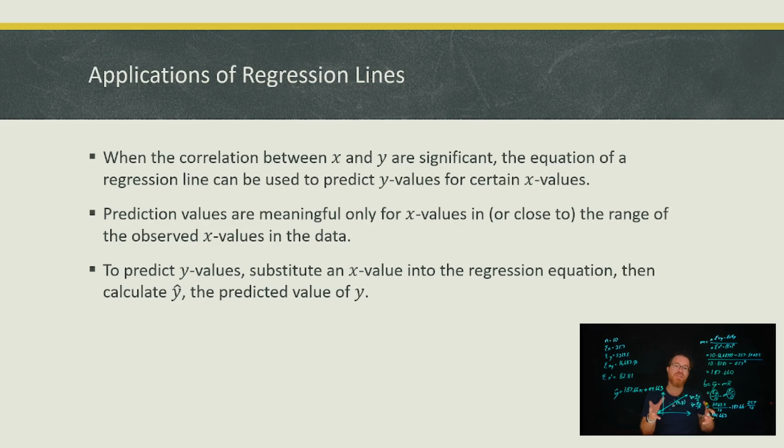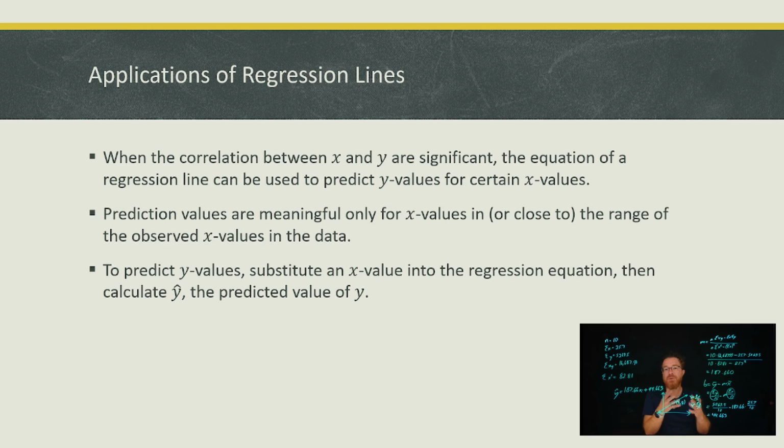A couple important points that you need to consider when doing a regression line is that when our correlation between x and y is significant, then this equation of a regression line can be used to predict our y values for certain values of x. Now, when I say certain values for x, that is to say that our prediction values are only really meaningful for x values that are in or close to the range of data that we actually have.